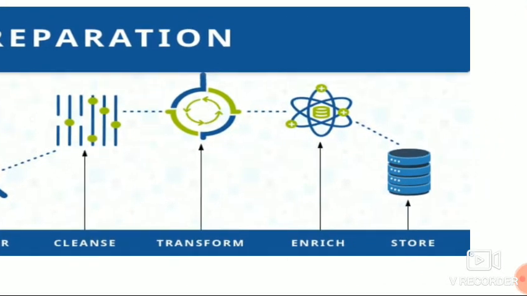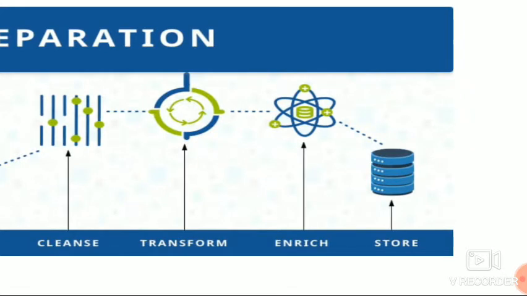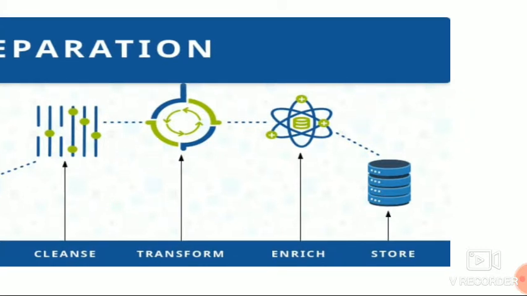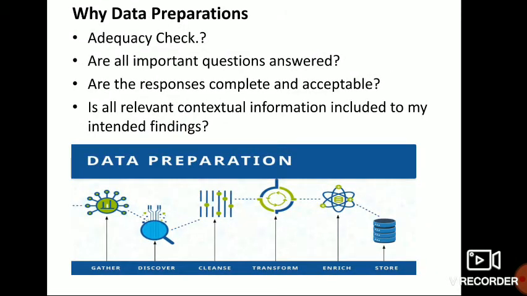After that comes the enriching stage, where the prepared data is ready for analysis, for calculations or some mathematical applications. This outcome will be stored in report format, or stored in the system. So these are the stages of data preparation.